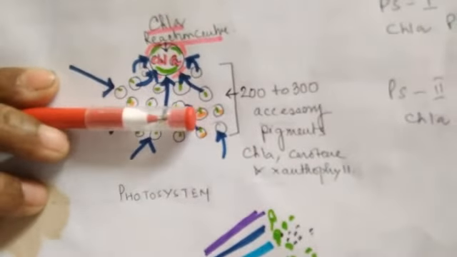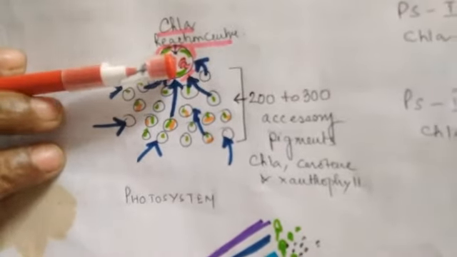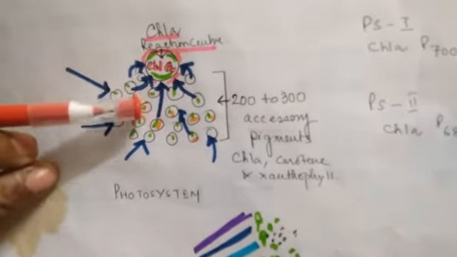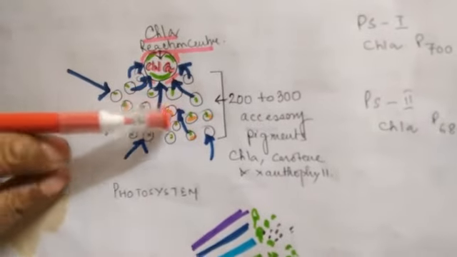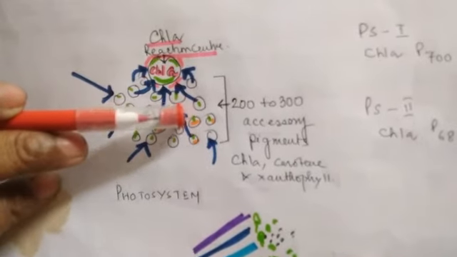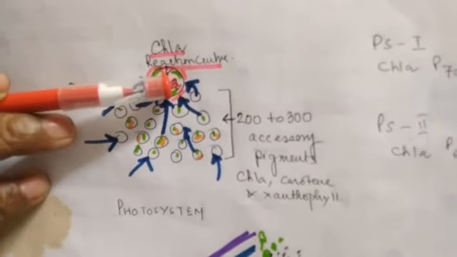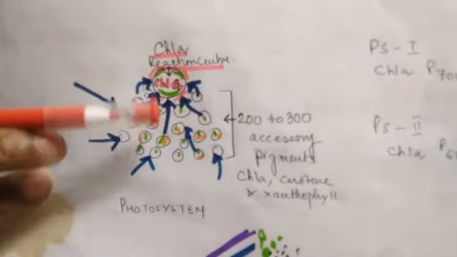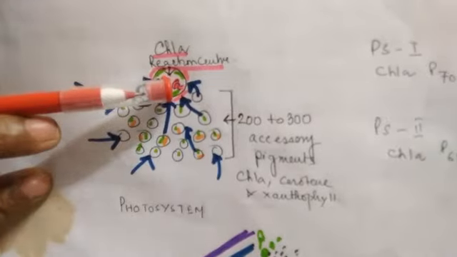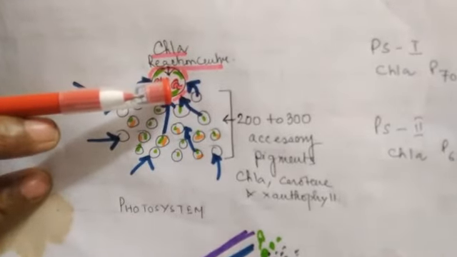Now these accessory pigments absorb the light and pass it to chlorophyll A, but that is not their only function. The advantage is that they absorb various wavelengths which could have been wasted, and they utilize them and pass them to chlorophyll A. That is one thing. The other is that if intense light fell directly on chlorophyll A, it would undergo photo-oxidation.